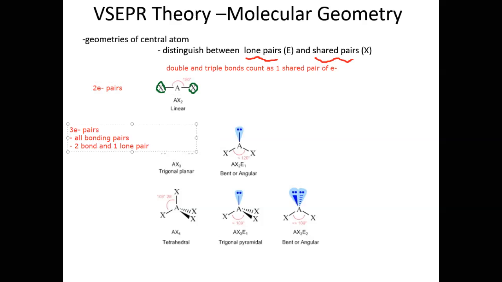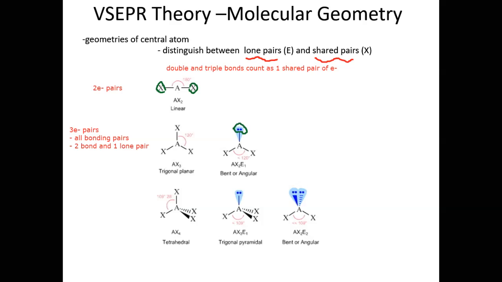These are the different combinations with 3 electron pairs. So what we're doing is replacing bonding pairs with lone pairs of electrons. So for trigonal planar, the bond angle between all of the bonds is 120 degrees. But when we replace one of those bonding pairs with a lone pair, now the bond angle is less than 120 degrees.